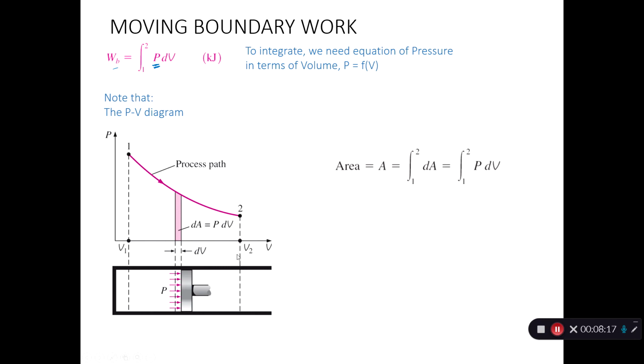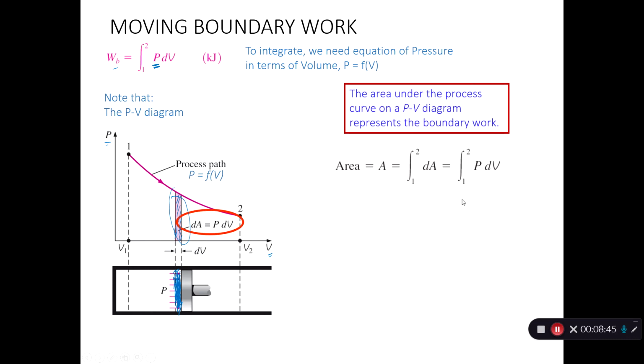But what I want to show you here is the boundary work is actually the area under this curve. For this section, how much work is done to move this blue section is equal to this area, because this area is actually P times V. You just calculate the area under the curve.